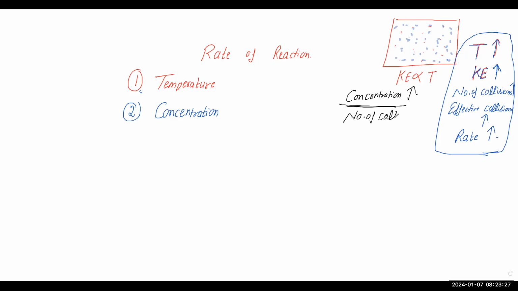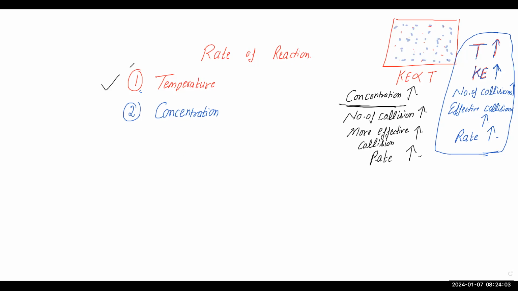Agreed or not? More collisions means more effective collisions. There is more probability of proper orientation, and more molecules can cross the activation energy barrier. More effective collisions means more rate of the reaction. Is it okay?